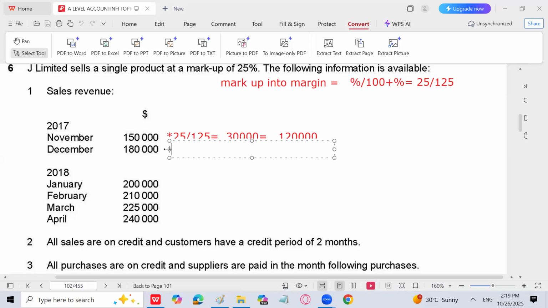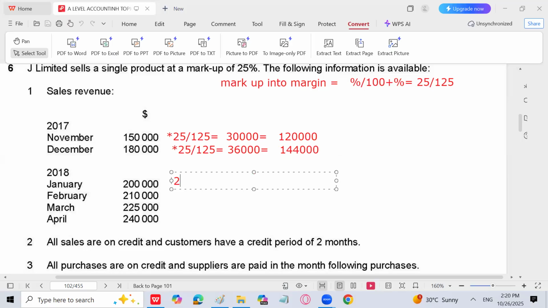Then December, 1,80,000 into 25 divided by 125, we will get the profit in this amount of sales of December. That is 36,000. And when we subtract, 1,80,000 minus 36,000, we will get 1,44,000. That's fine.